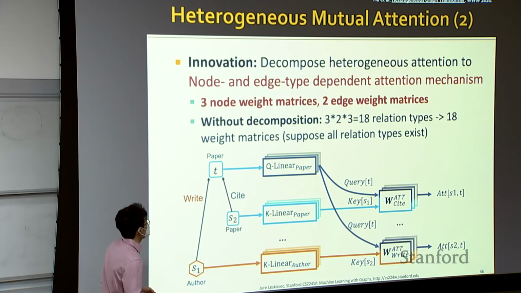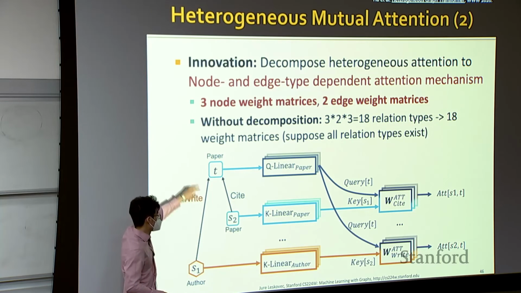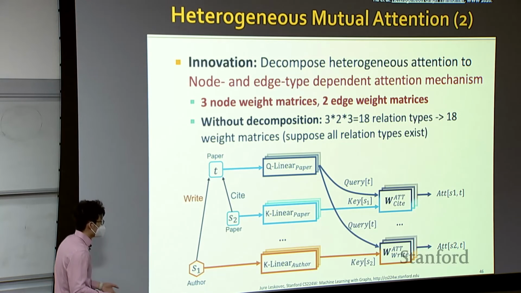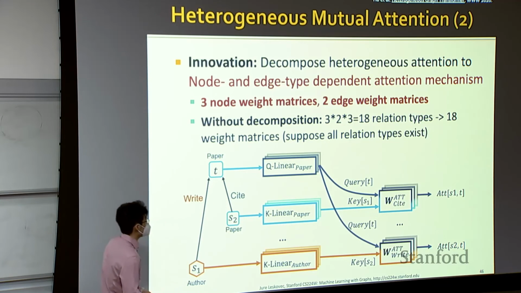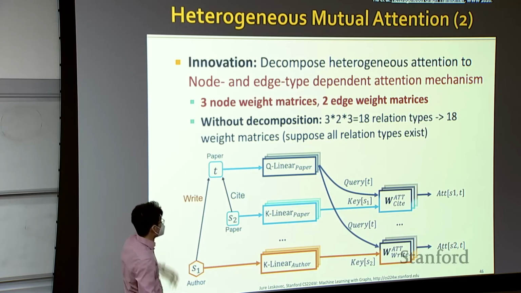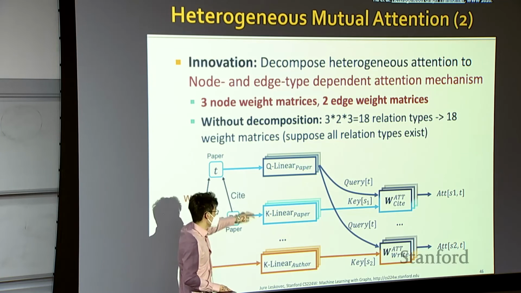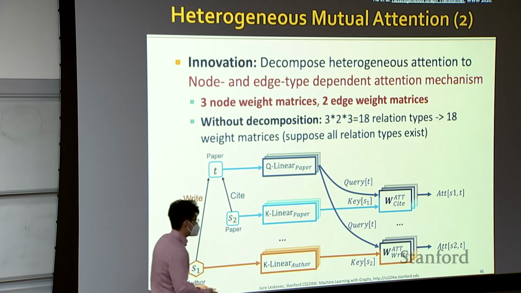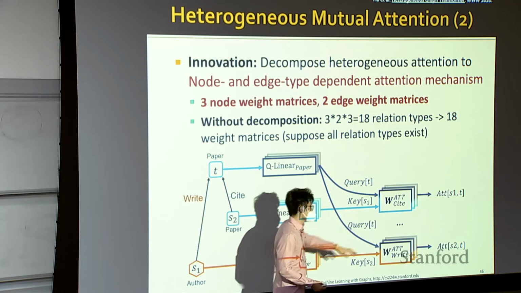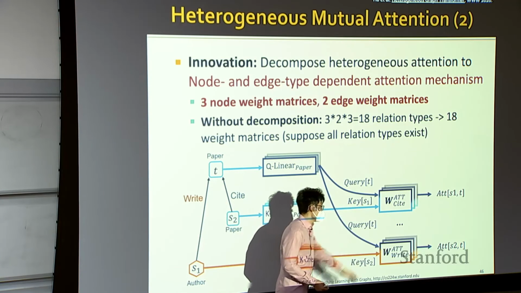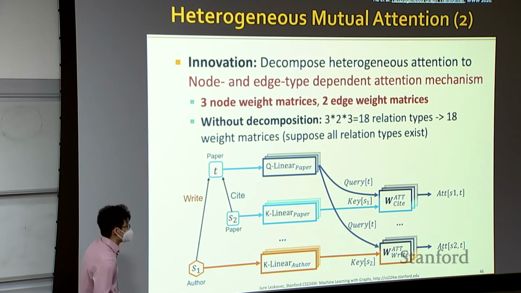In this particular example, we have author and paper, two types of nodes, and write and cite, two types of edges. We have three different weight matrices used for the query paper, key paper, and key author, and then two edge weight matrices, one for the cite relationship and one for the write relationship. So altogether, we have 5 different weight matrices.